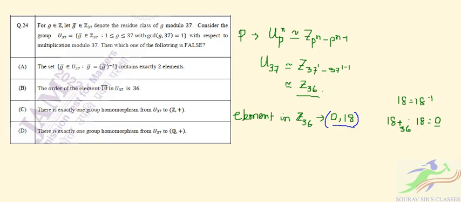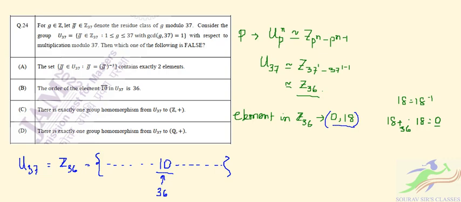Let us check option B. The order of the element 10 in the group U37 is said to be 36. Let us check this.